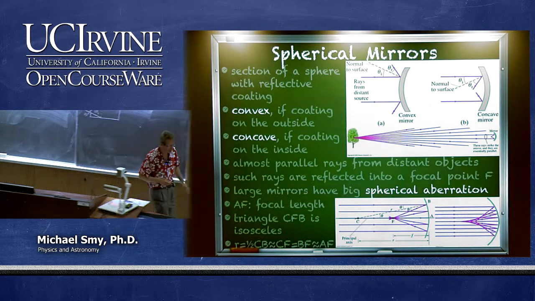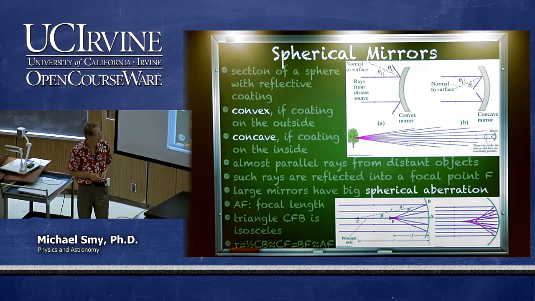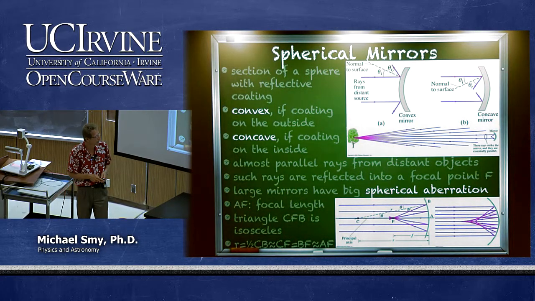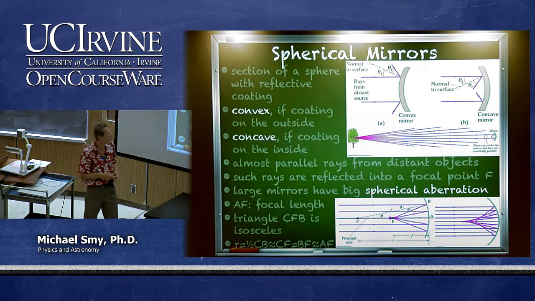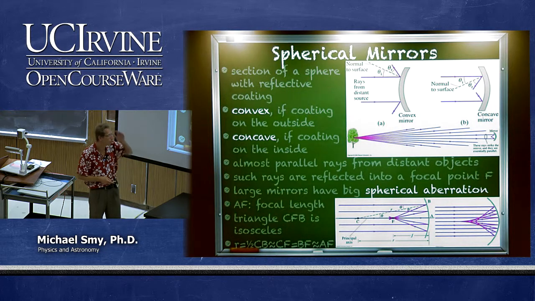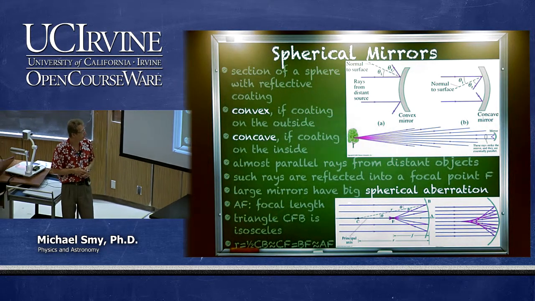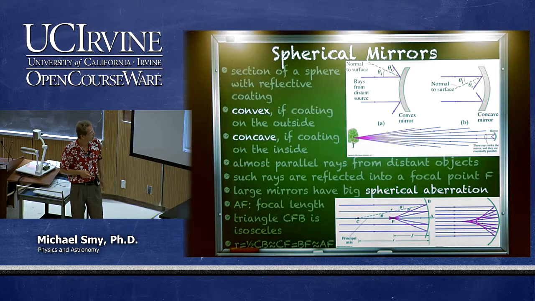So if we draw a perfect picture, especially for a large mirror, those rays that are far away from the center of the mirror, they meet in a slightly different point than the focal point. So the bigger you make the mirror, the bigger is the spherical aberration, and the mirror is then not quite perfect.